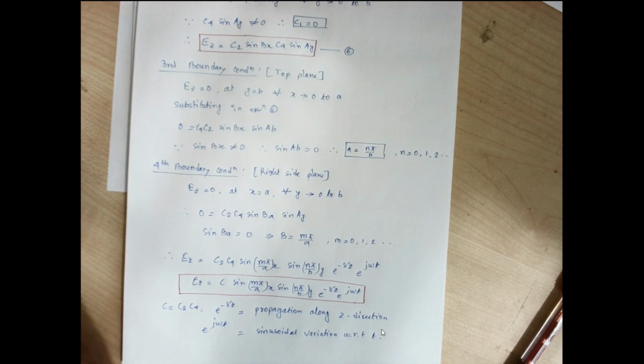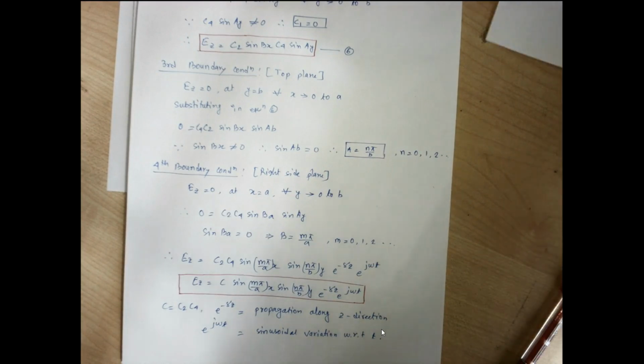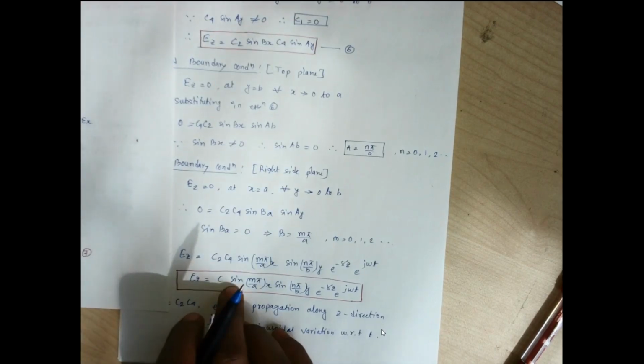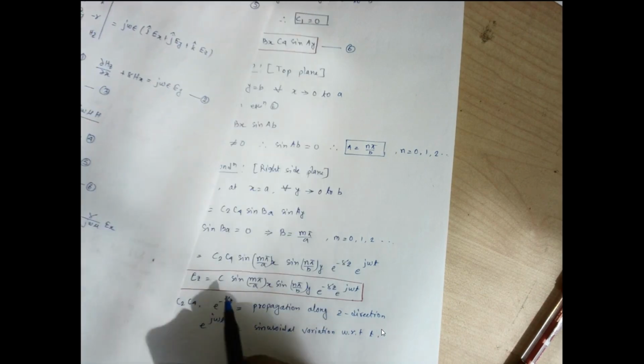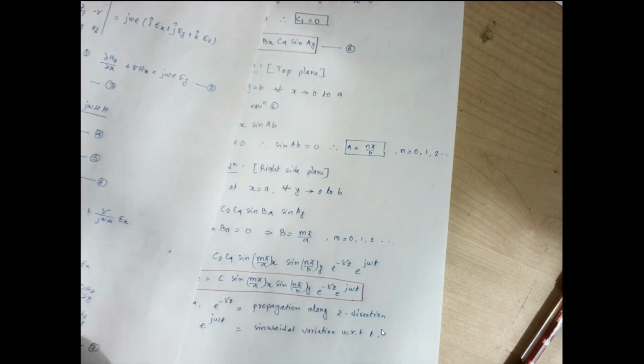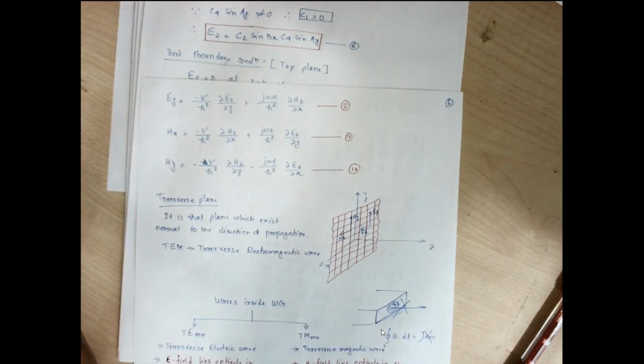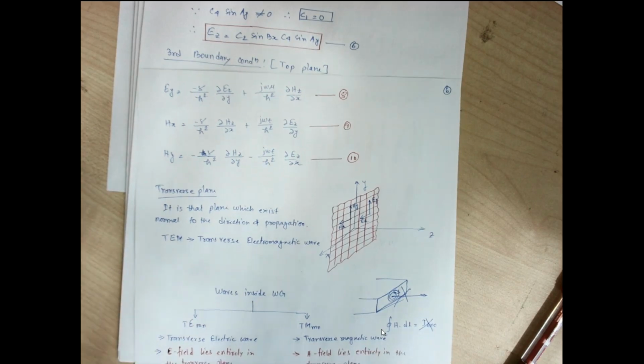Now once we are having our Ez, we can easily find all those field components. For Ex, here we will simply put Hz equal to 0, so we can write the expression of Ez from here, whatever value we are having. So we will go with del del x Ez. We are supposed to do the differentiation here. Same for Ey, Hx and Hy. Okay, so in this way we can easily find all the field components.